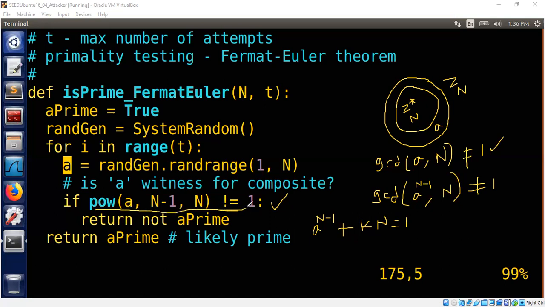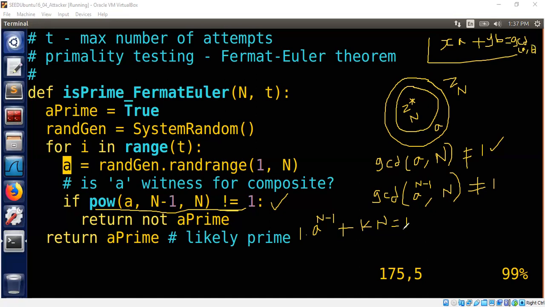Now we can stare at this a little bit and think about the extended Euclidean algorithm for a moment. I mentioned that if you're given two numbers a and b, you can always find x and y such that a times x plus b times y is equal to GCD of a comma b. The GCD is the smallest positive integer that can be written as this linear combination of a and b.